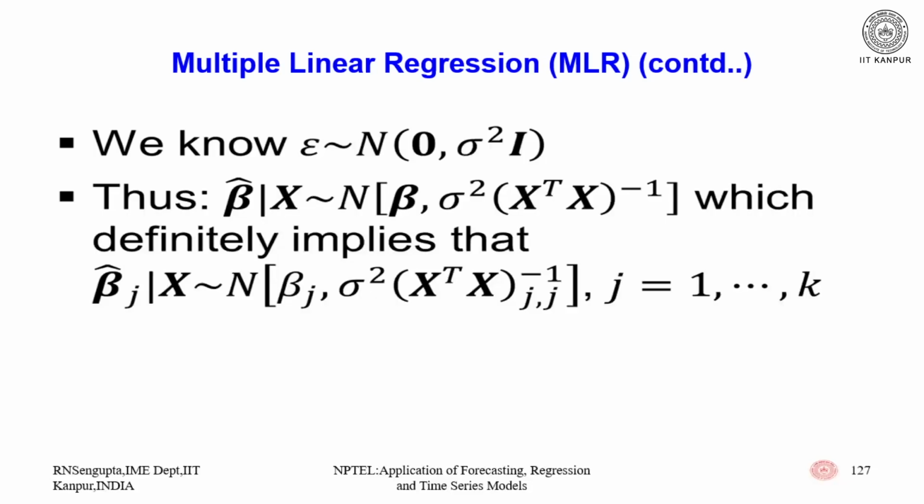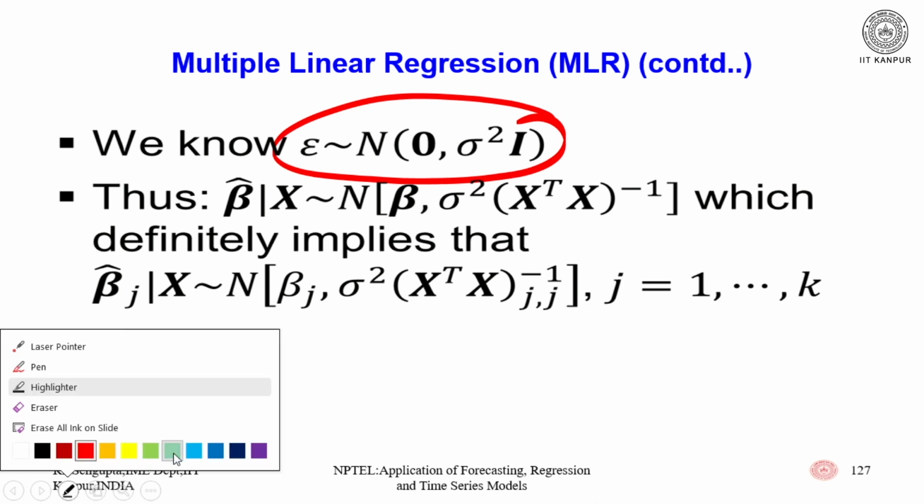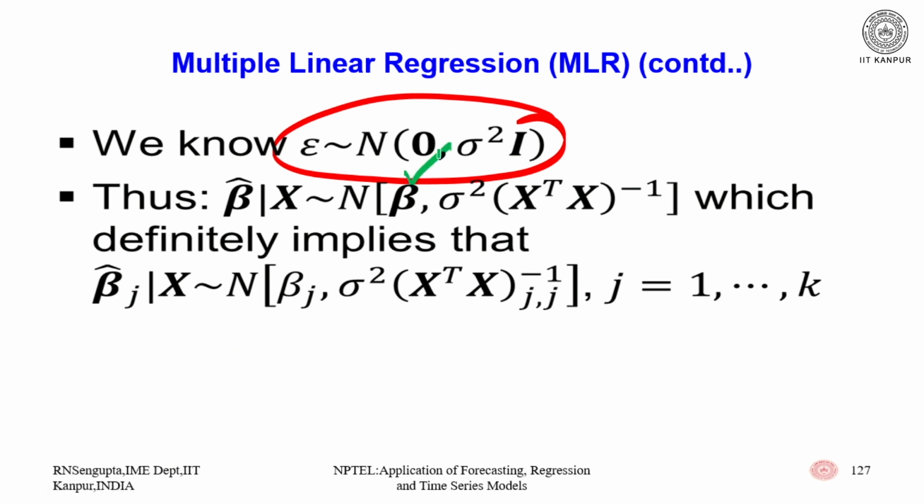So, we know finally that the error term which we have been discussing is distributed normal with 0 mean and variance sigma square I, where I is an identity. And beta hat is distributed normal with beta as the best estimate, which we have already proved; I am putting a green tick mark.